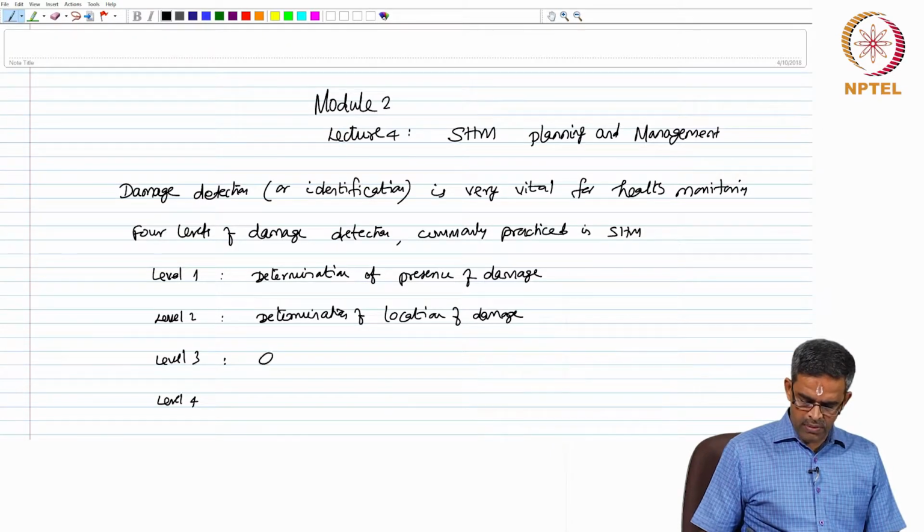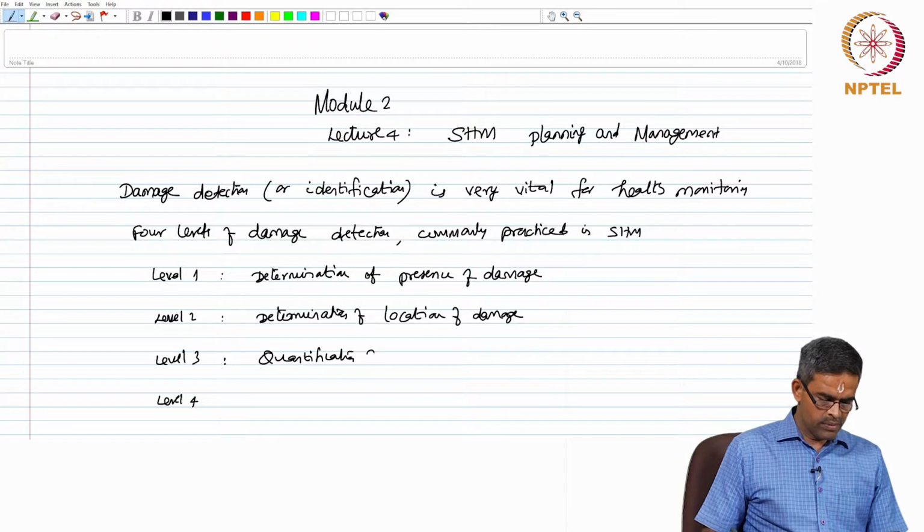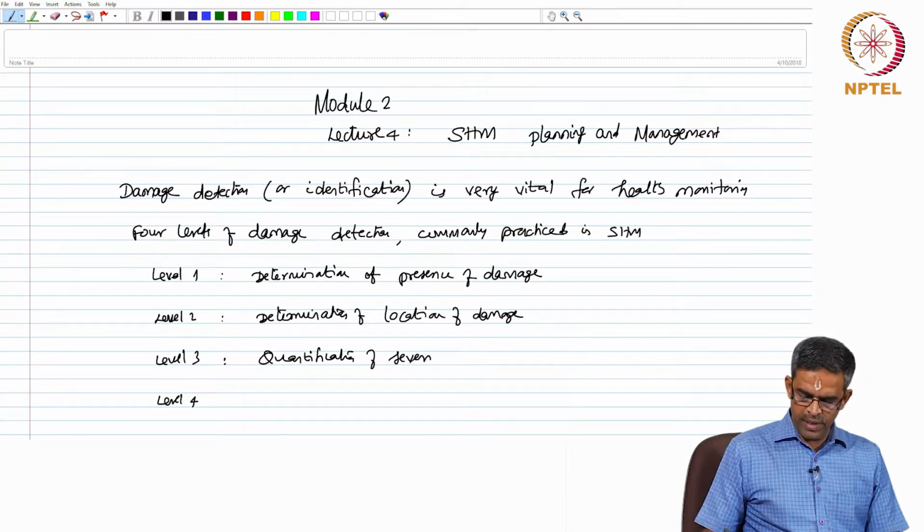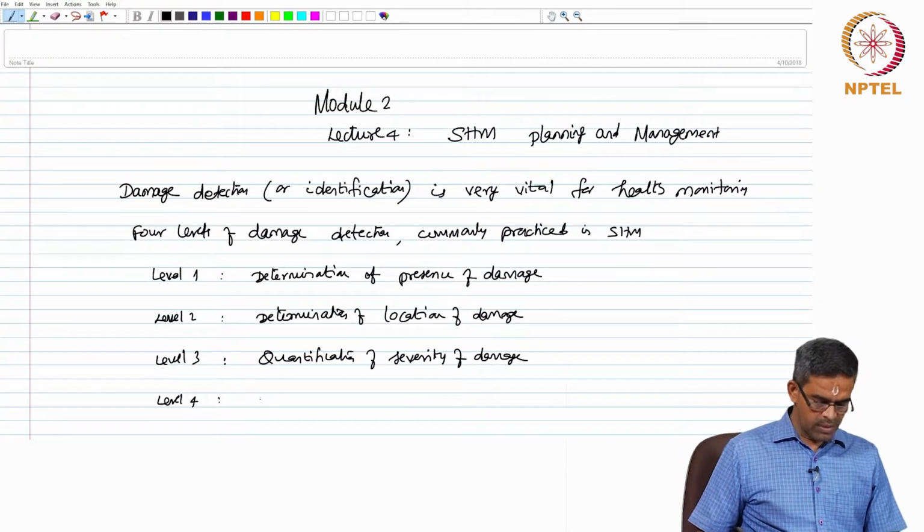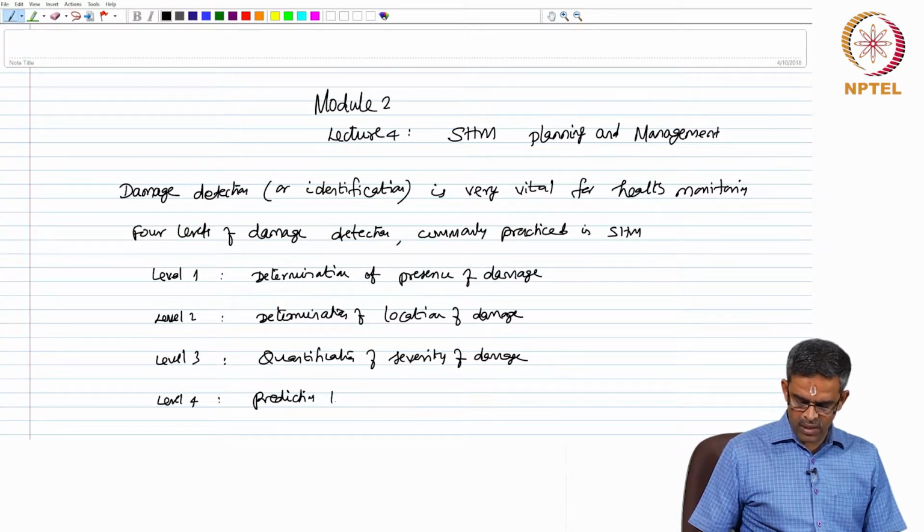Level 3 deals with quantification of severity of damage, and level 4 deals with predicting the remaining service life of the structure.